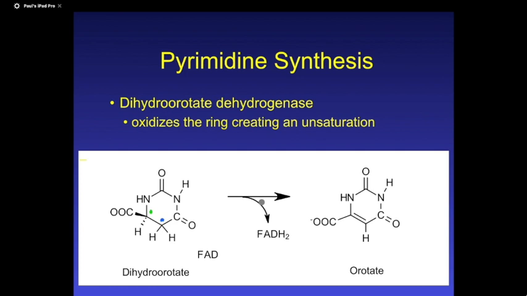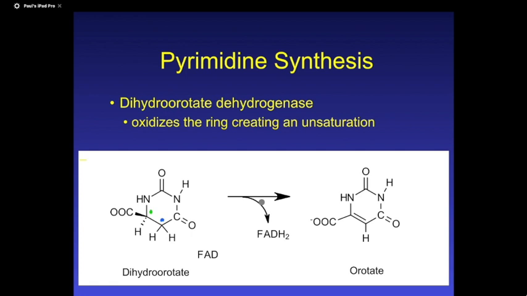Why does green or blue matter? Because. One is alpha to a carbonyl. One is alpha to another carbonyl, but they're different. One is alpha to just a carbonyl, one is alpha to an acid.